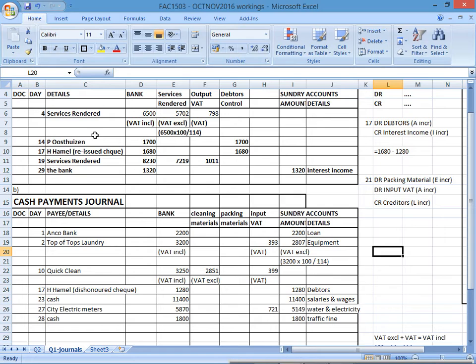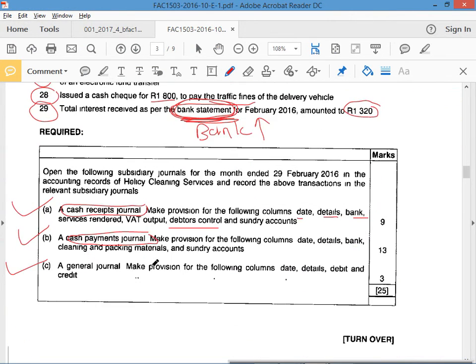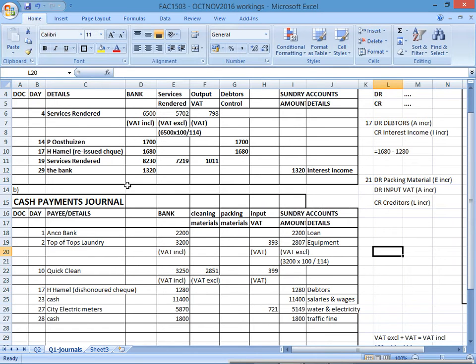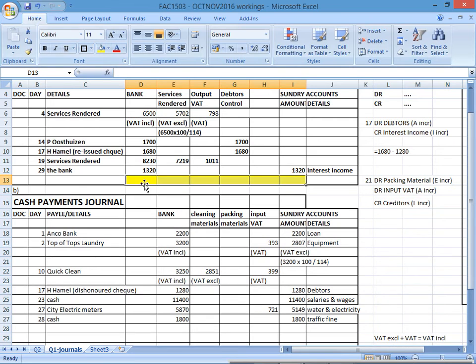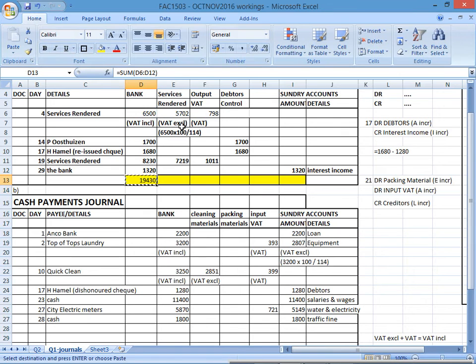Now that I've got all of those transactions, what's the last bit? We've completed the question. Total up. You might or might not get marked for doing this. It's always a good idea to total, just in case. Sum up everything.